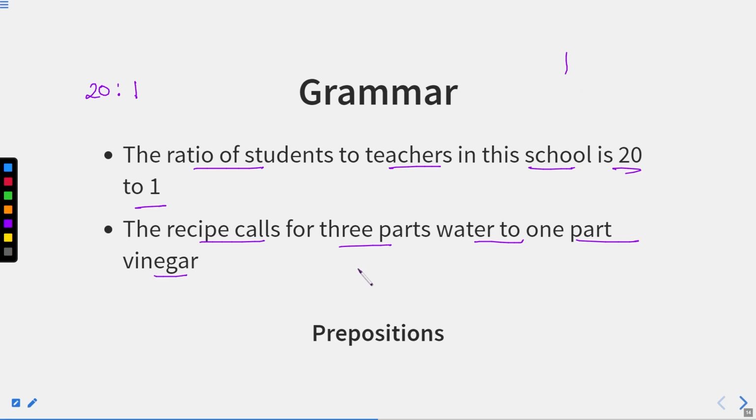It means if, suppose, you pour 3 bowls of water, so you will have 1 bowl of vinegar, or 1 part. So you can say it is like 3 parts of the same bowl. So we can use that as well.